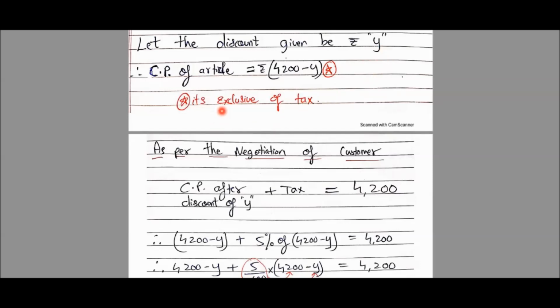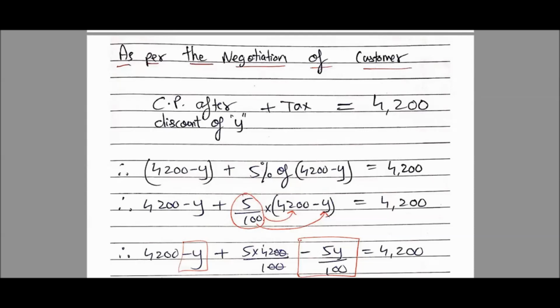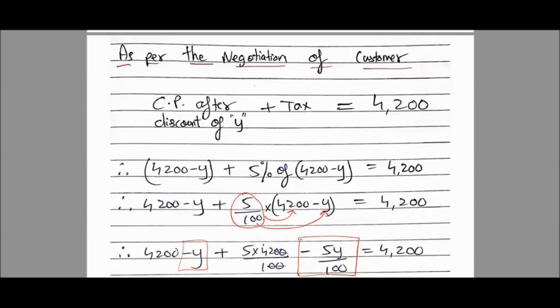I always say that this cost price of article is exclusive of tax. As per the negotiation of the customer, the customer told that uncle, I will just pay you the list price, which is 4,200. So which includes the discounted price, cost price after the discount of Y, and the tax on it.